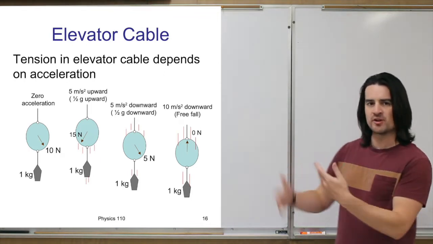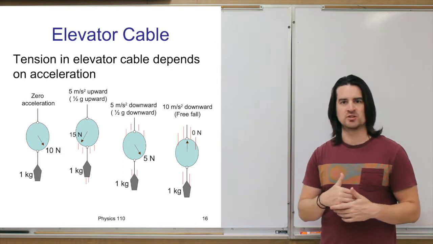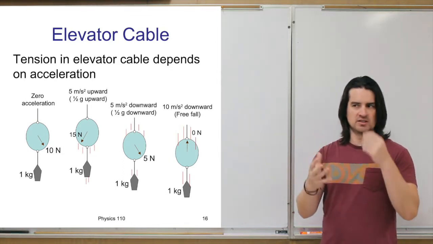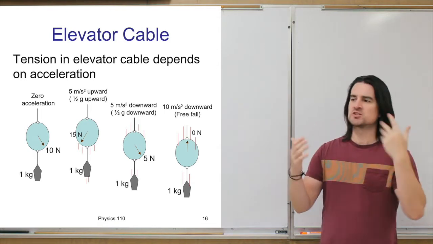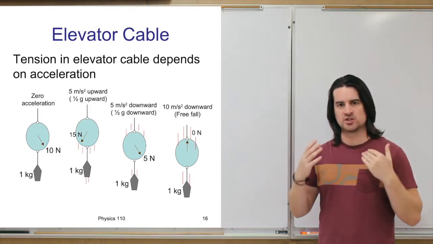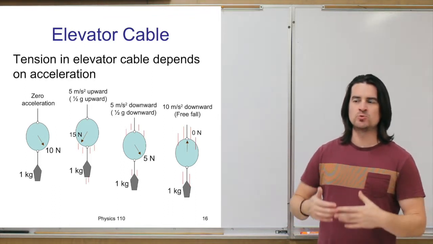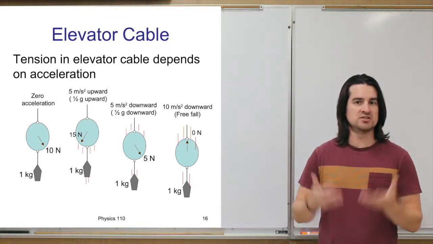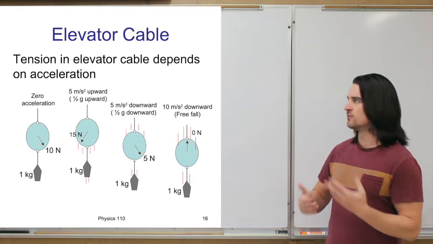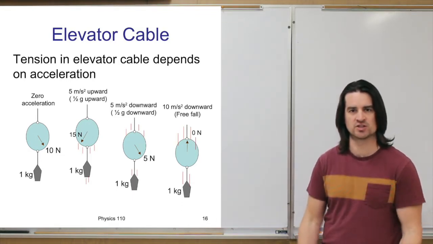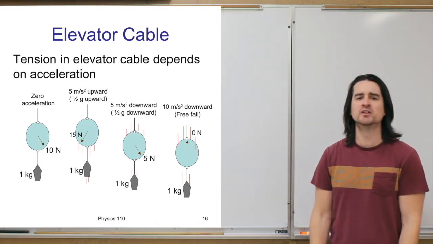Again, further demonstration that the weight of an object really depends on the acceleration that object experiences, and most of the time, weight is a measure of just the gravitational force on an object. But if you accelerate that object in a different way as well, for instance, if you're in an elevator and that elevator starts moving upward or starts moving downward, right?